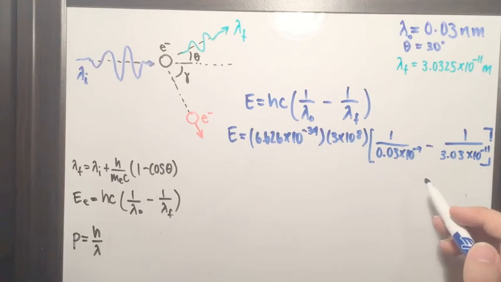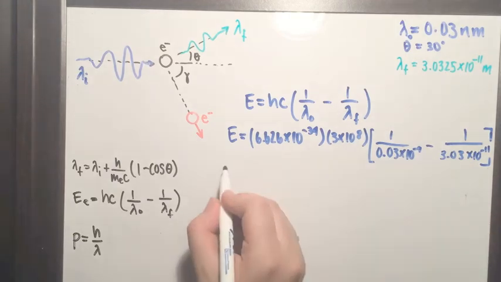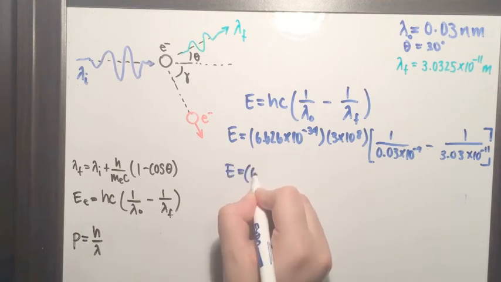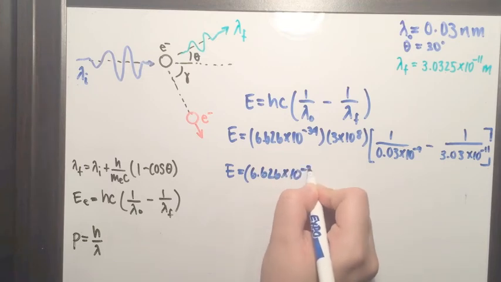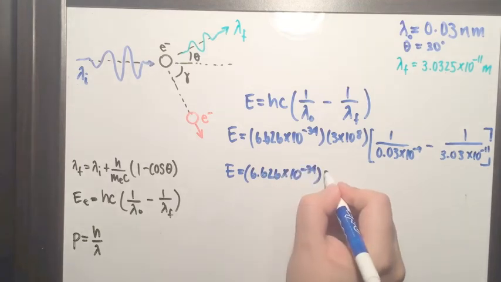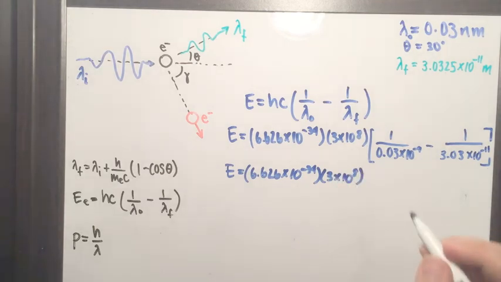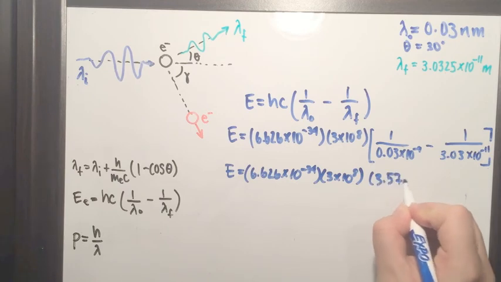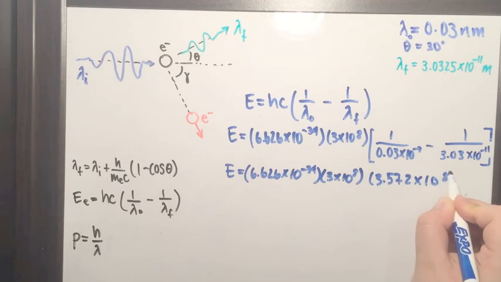If we plug this into our calculator, we get E equals 6.626 times 10 to the negative 34 times 3 times 10 to the 8 multiplied by 3.572 times 10 to the 8.